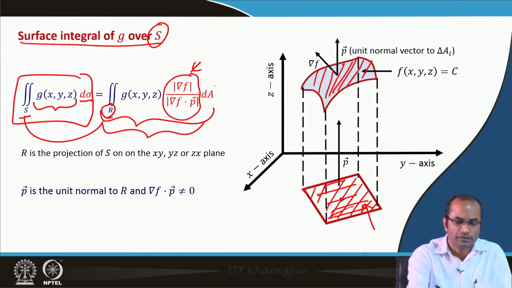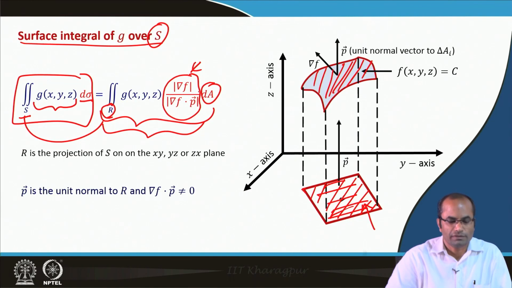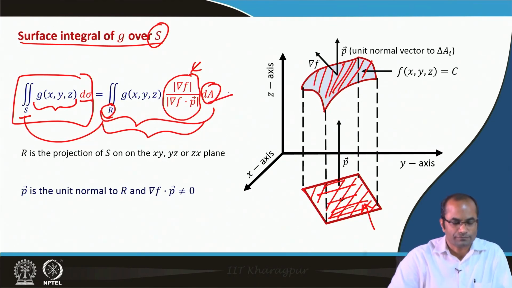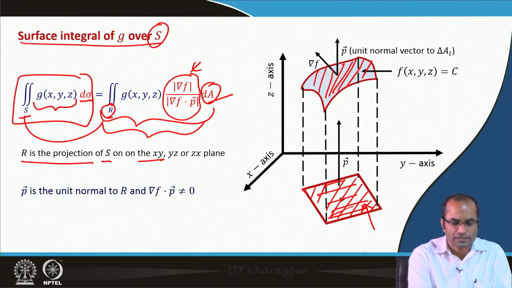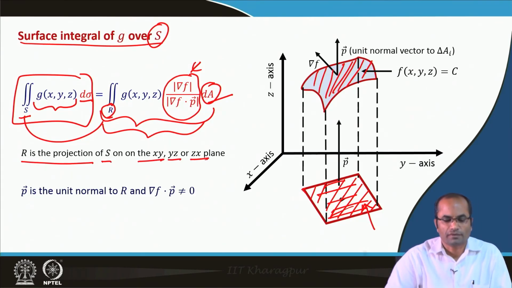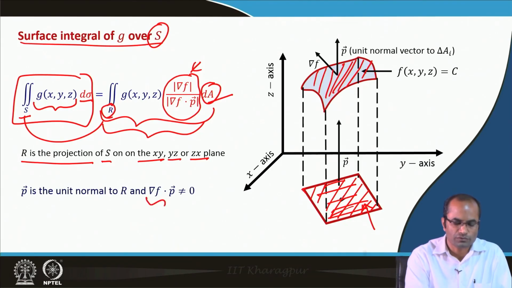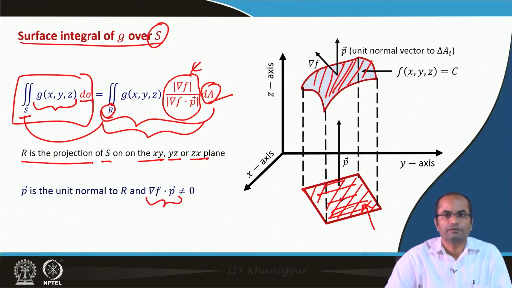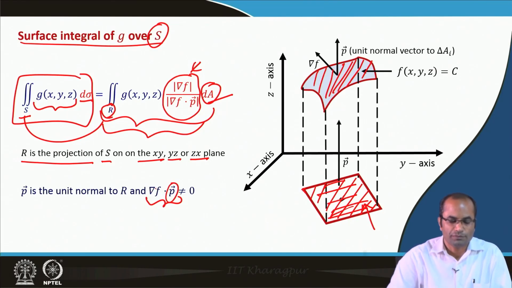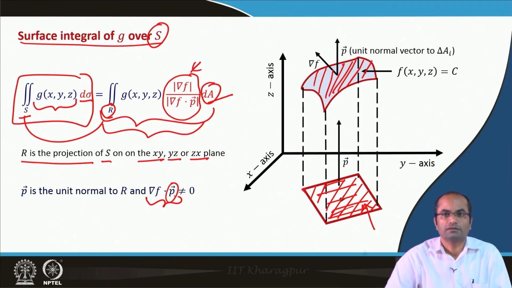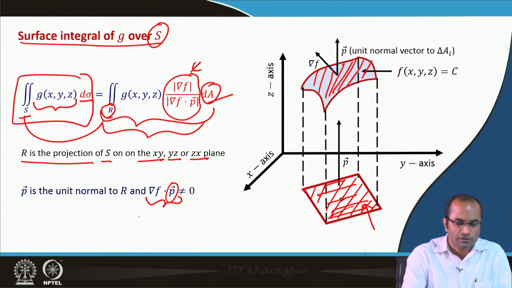So, that factor will be coming, and then we have a simple double integral, that is dA. So, as written here, R is the projection of S on the x y, y z or z x plane as per convenience, because we also have to look that del f, which is perpendicular to the surface, should not be perpendicular to p, which is the unit normal vector on the plane where we have projected the surface.